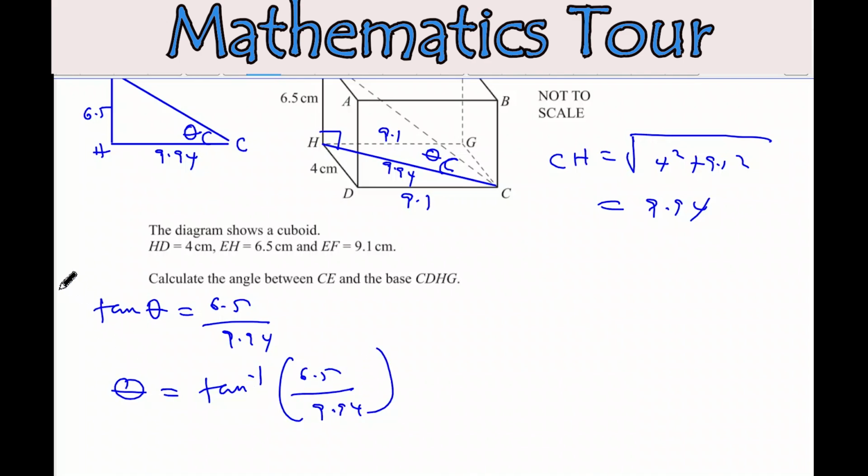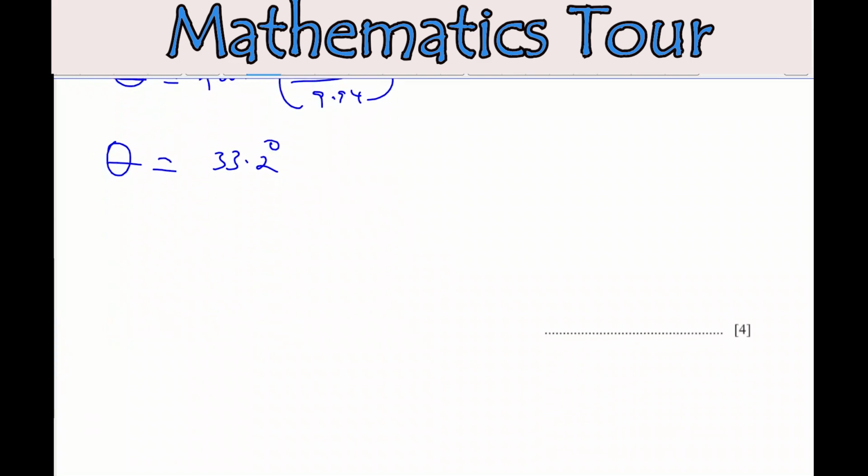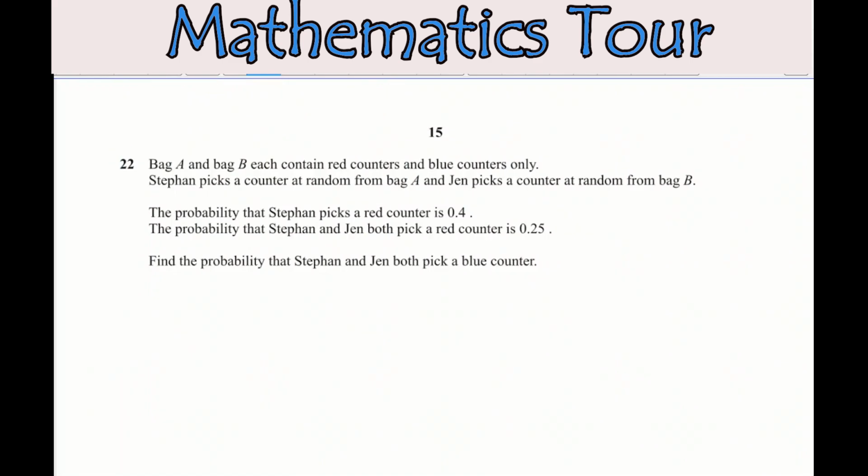You can input this into your calculator straight away, and you will get the answer to be 33.2 degrees when correct to three significant figures. Okay, so this is pretty straightforward. 33.2 degrees.